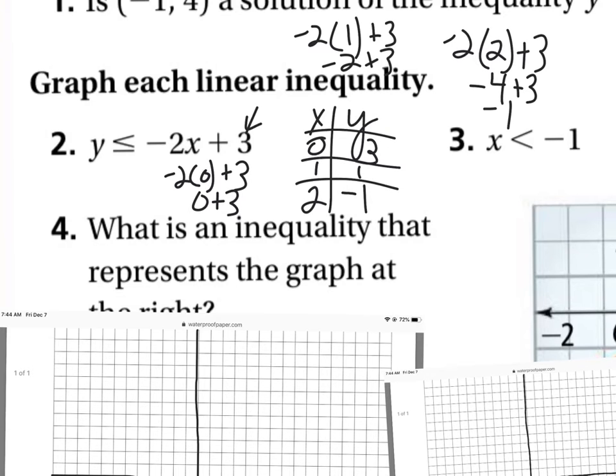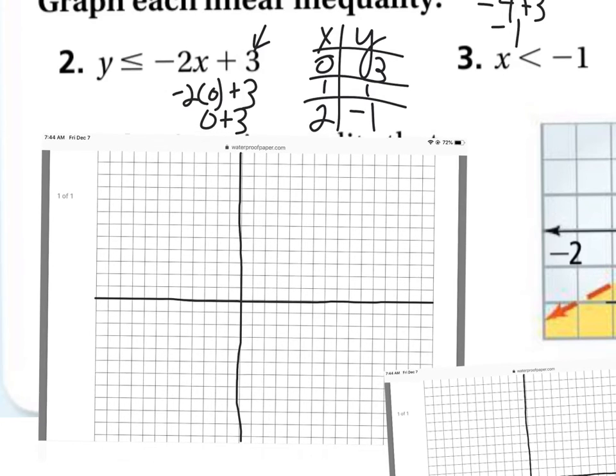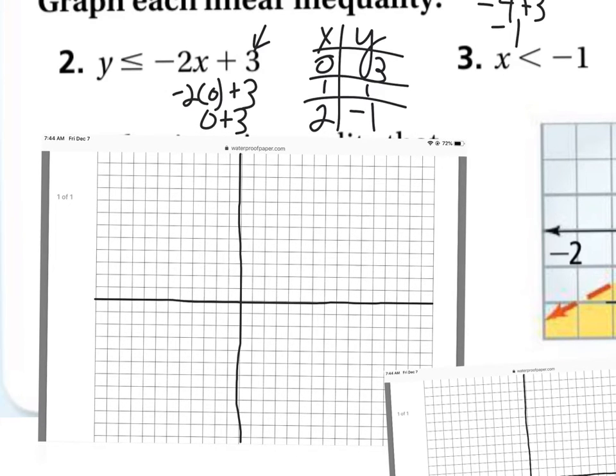So these would be 3 points on our graph. 0, 3, 1, 1, and 2, -1. And then we can draw a line. So again, if you want to make a nice line, using a ruler makes things quite a bit easier for you. So a line would look something like that.